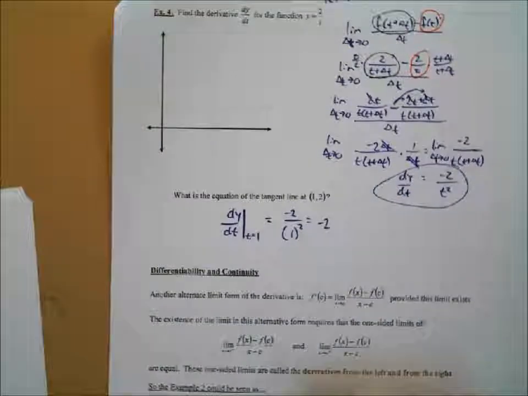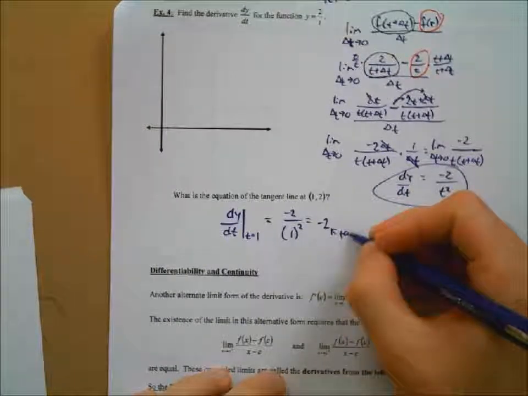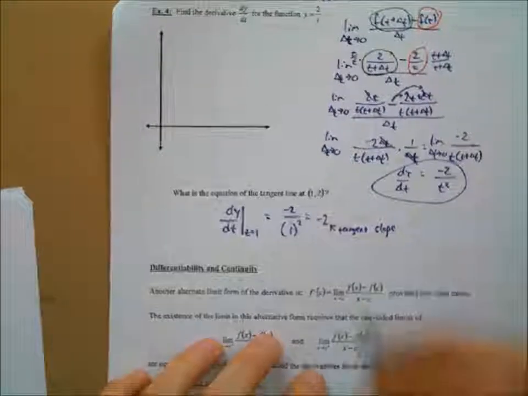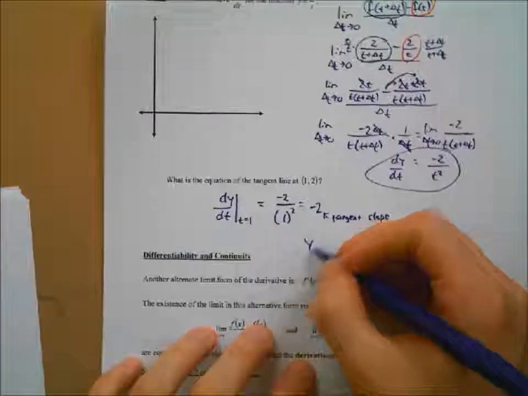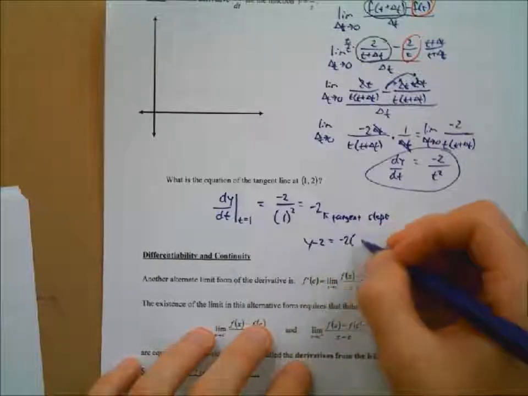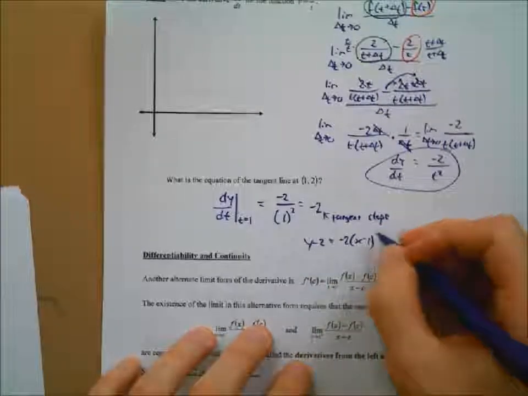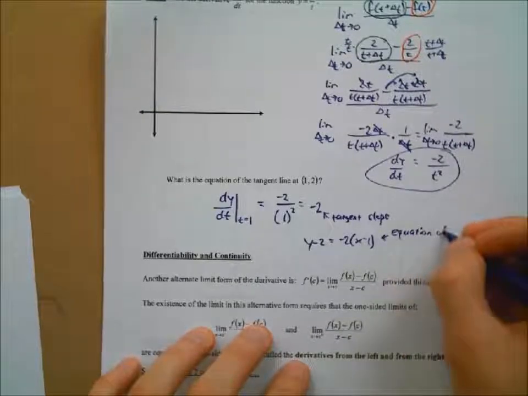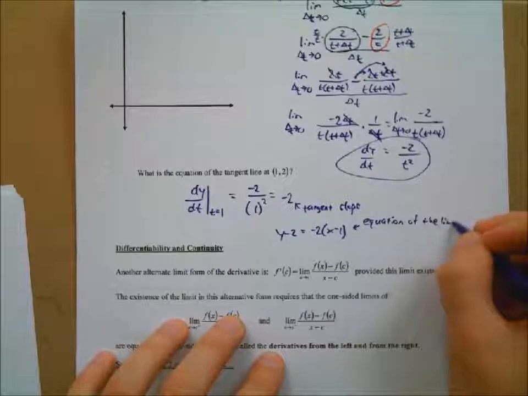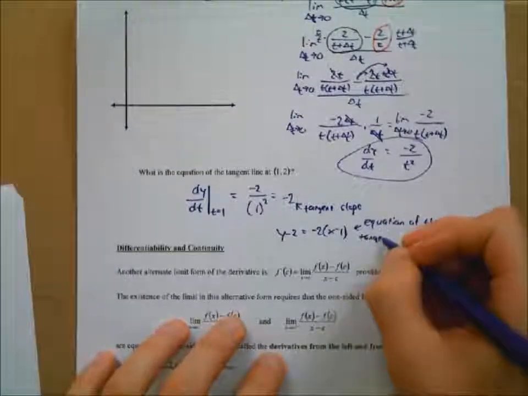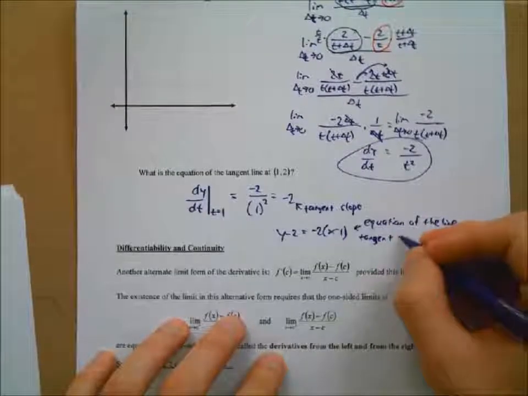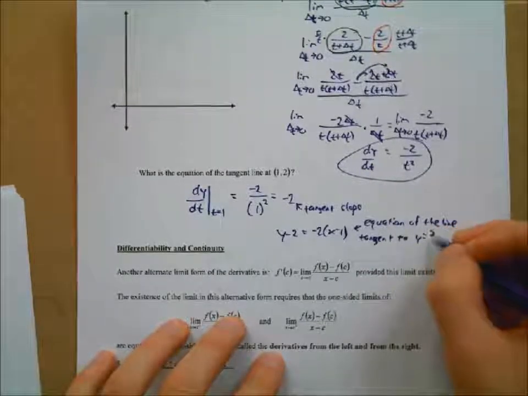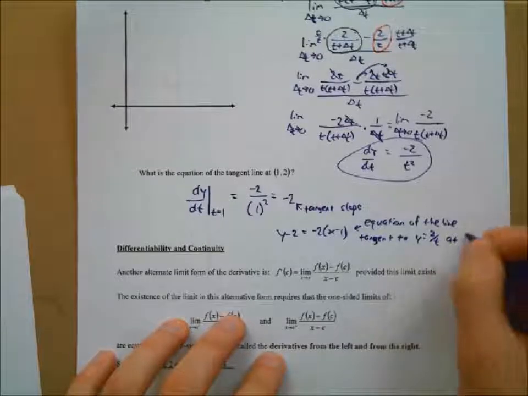So there's our tangent slope. And we can write the equation of the tangent line using point slope form. Y minus 2 equals negative 2 times x minus 1. And there's the equation of the line tangent to y equals 2 over t at 1, 2.